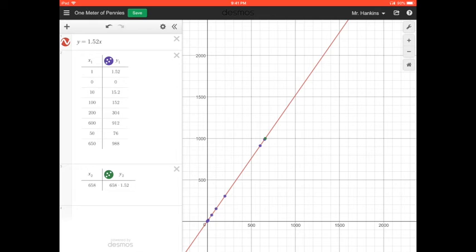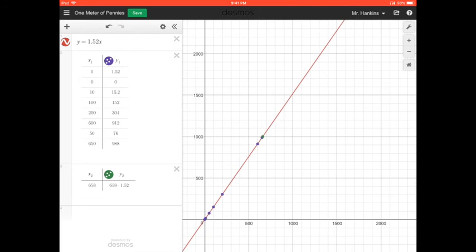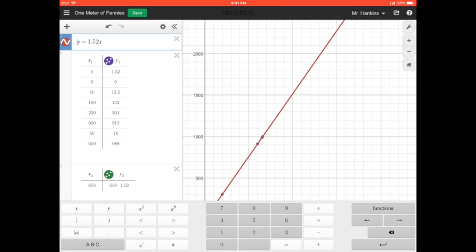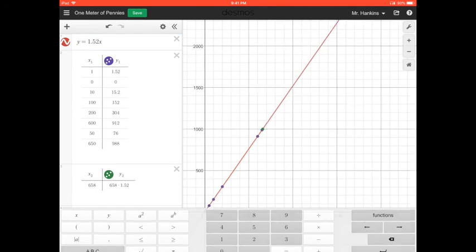Grades are due tomorrow. And since I have written my equation that my y, my total height, is equal to the height per penny, 1 in 5200ths millimeters, times my number of pennies.